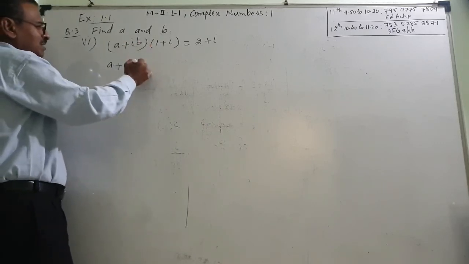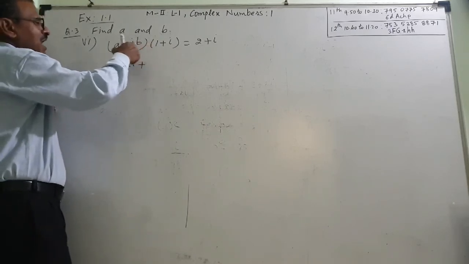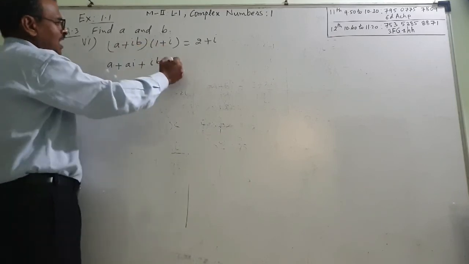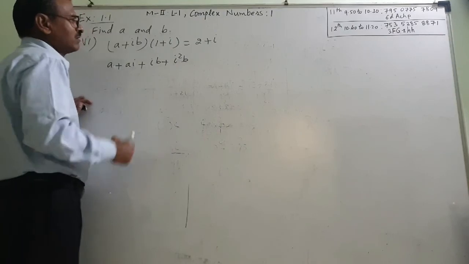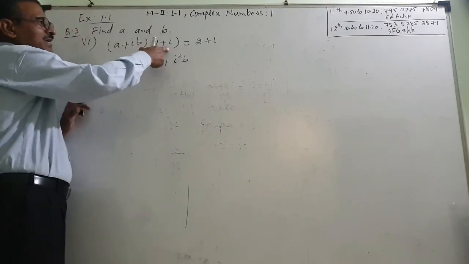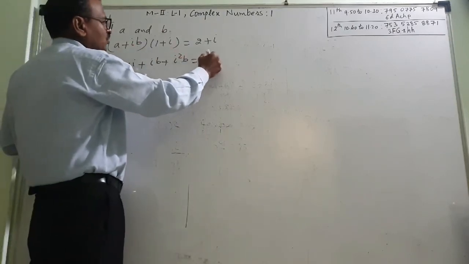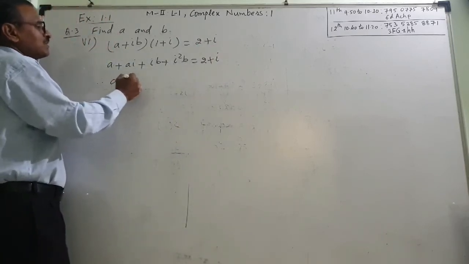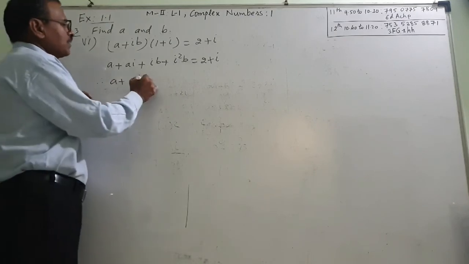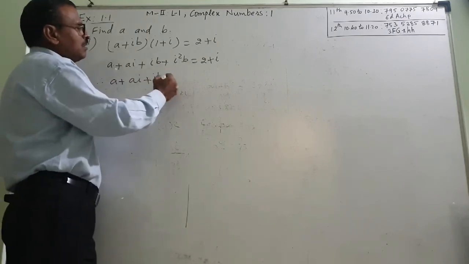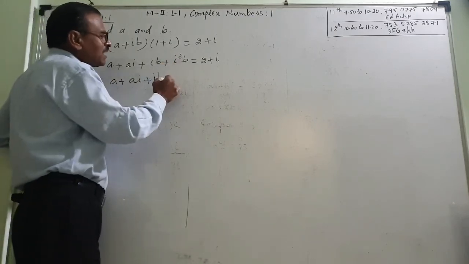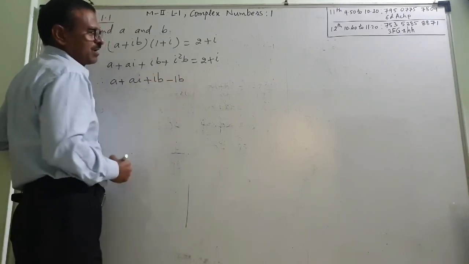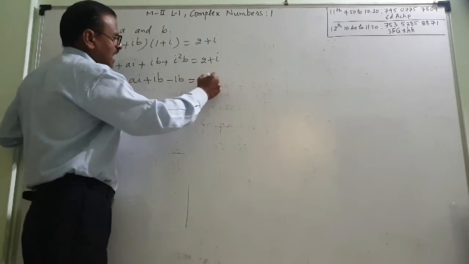Now by this, plus ib into 1 is ib, plus ib into i is i square b. That is equal to 2 plus i. Therefore, this is a plus ai plus ib, plus i square means minus 1, so minus 1 into b, is equal to 2 plus i.